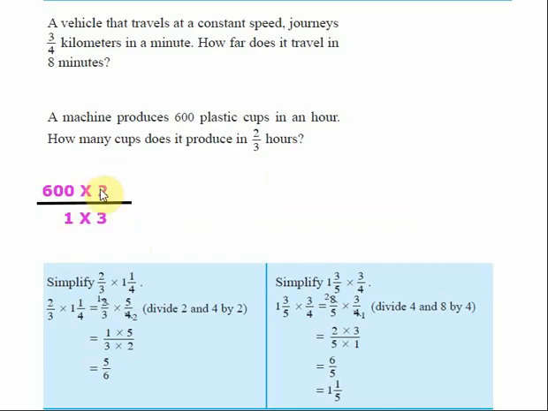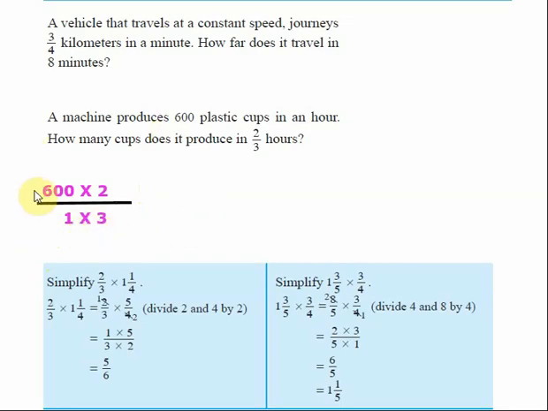Now here we get 2, right? Now we need to see whether the 2 is divisible by any common number. The 3 is not divisible by 2 and 1 is not divisible by 2, so you can't use the 2 here to simplify.